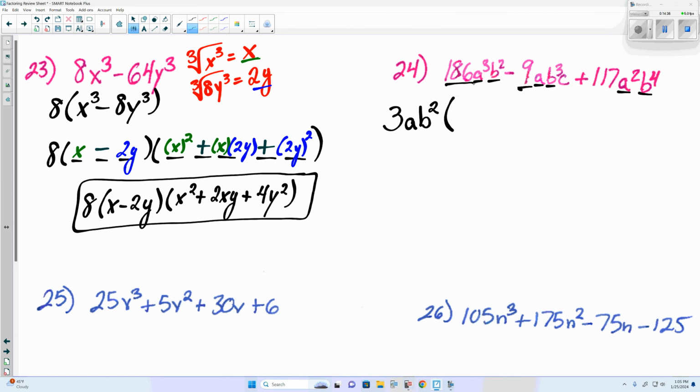So the first thing we can do is divide 186 by 3, which is 62. If we remove an a from a cubed, we're left with a squared, and the b squared factors out completely. Minus factor of 3 out of 9, we're left with 3.